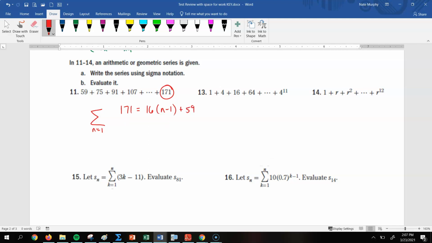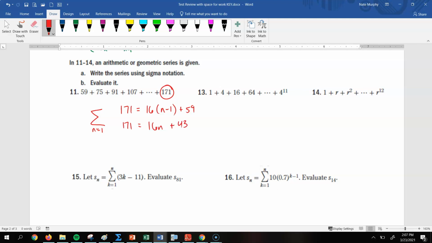So if I simplify that, I would distribute the 16 through. So we'd have 16n, and 16 times negative 1 is negative 16. And so if I took negative 16 plus 59, we would get 43.